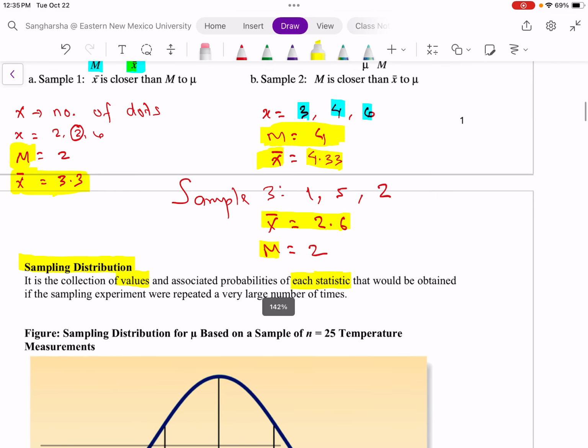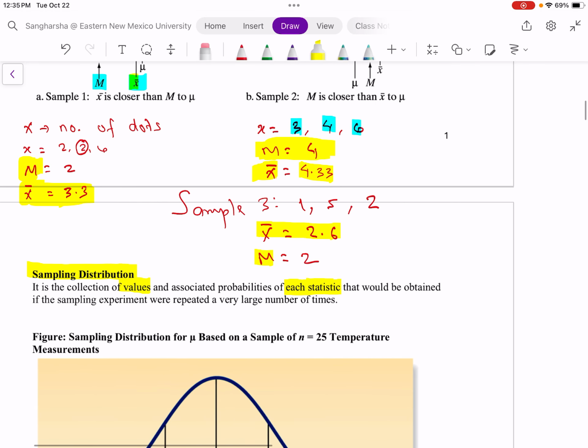Let me take this same example. From these three samples, what statistic did we use? X bar and median, right?